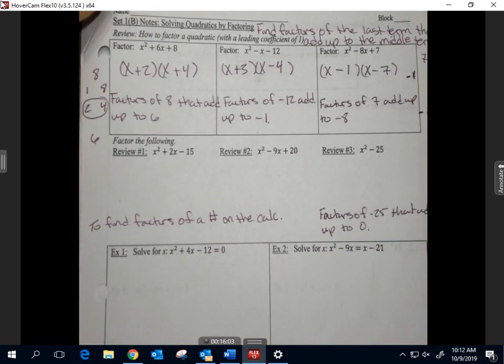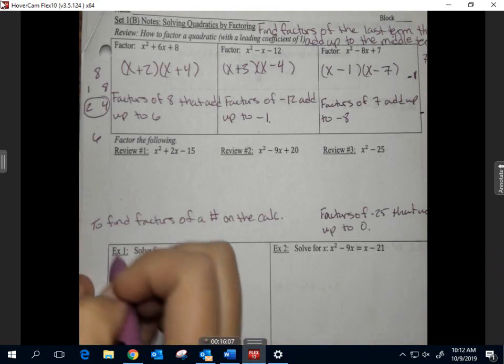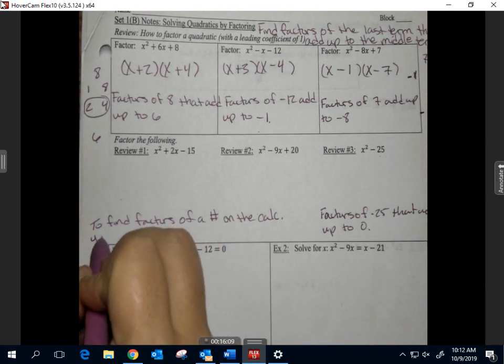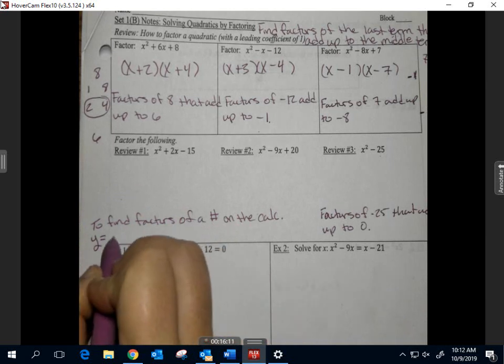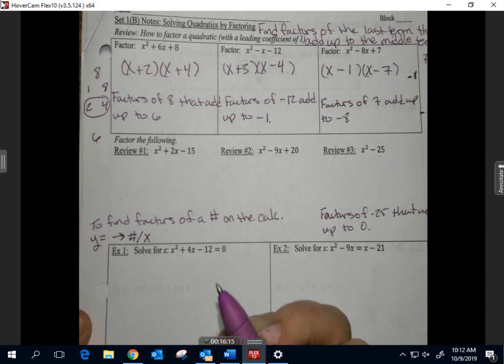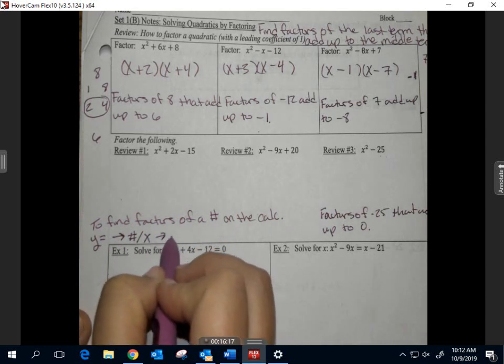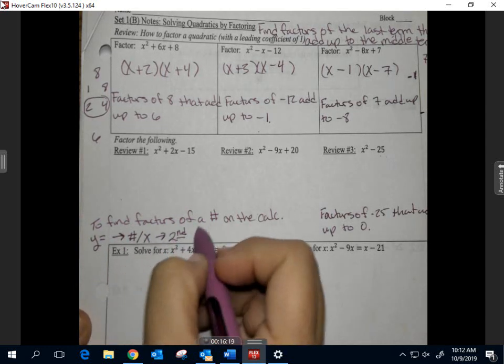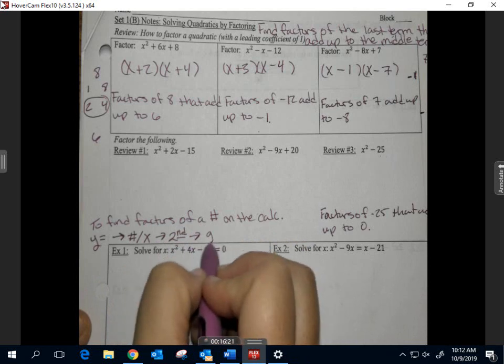You're going to go to y equals, then you're going to type in the number and divide it by x, hit second, and graph.